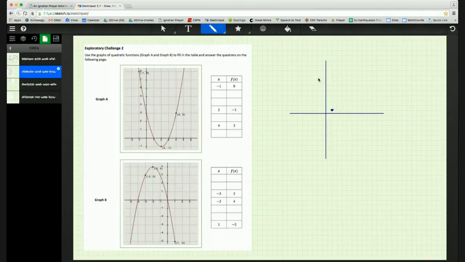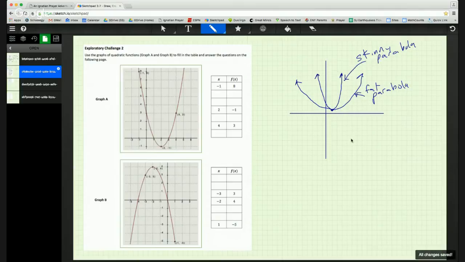These aren't perfect parabolas, so pardon my drawing. So here's a parabola, and here's a parabola. This is kind of like a fat parabola, and this is a skinny parabola.